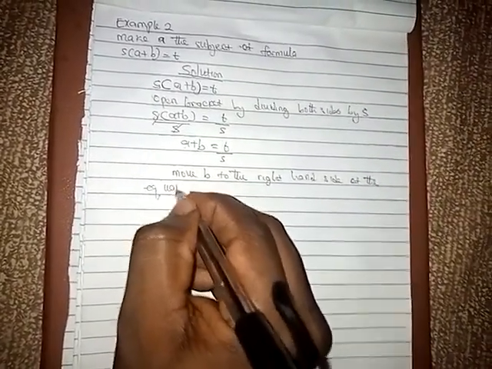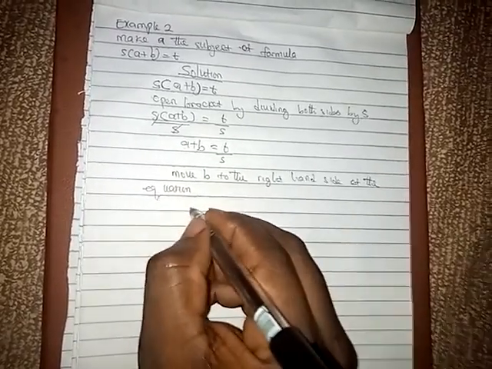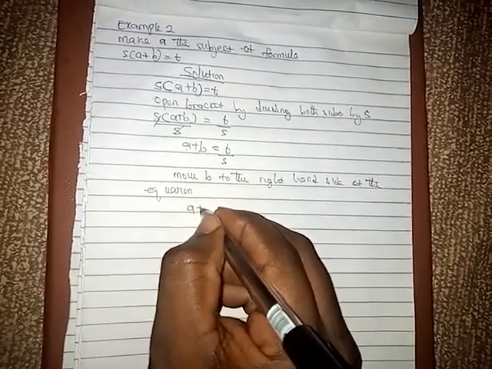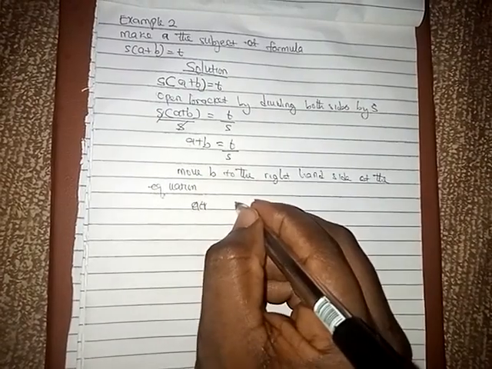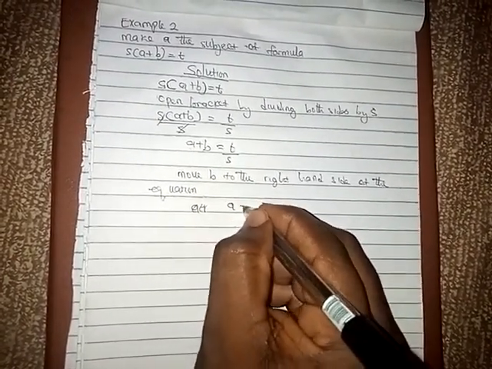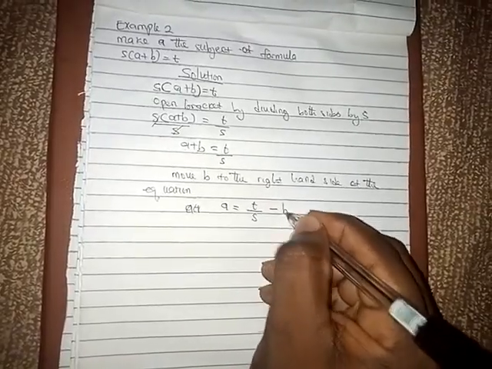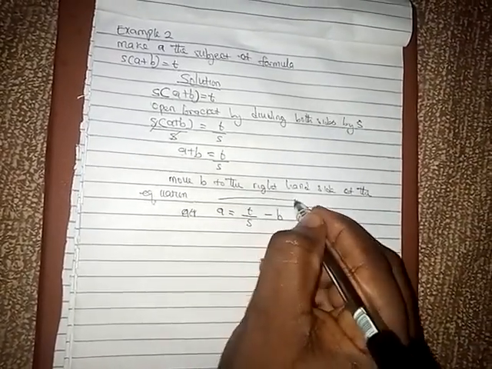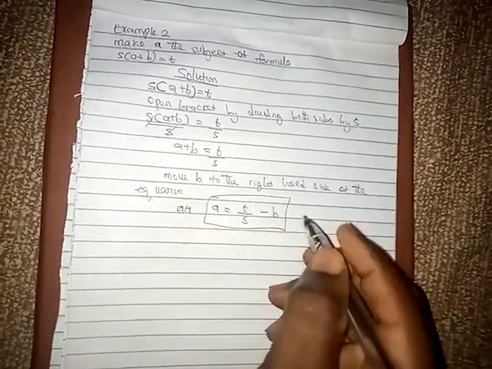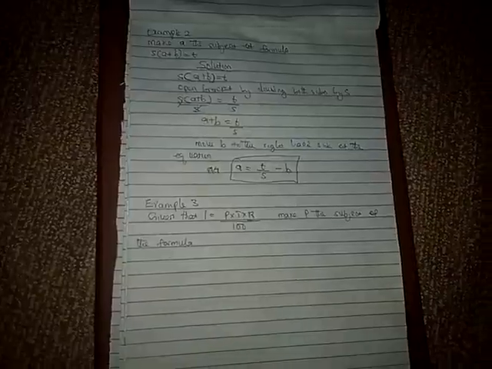To do that, we'll have A is equal to C over S minus B. So we are done. This is our answer. We have now made A stand on its own.